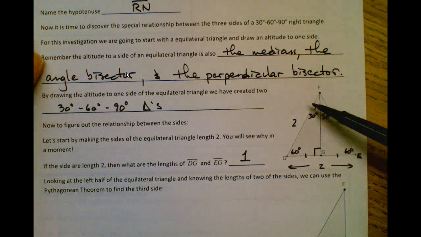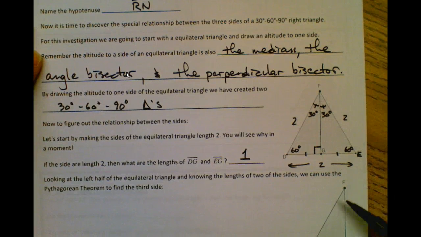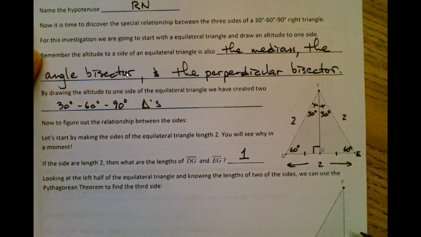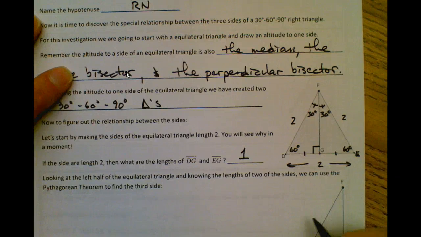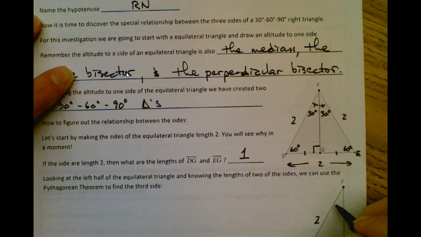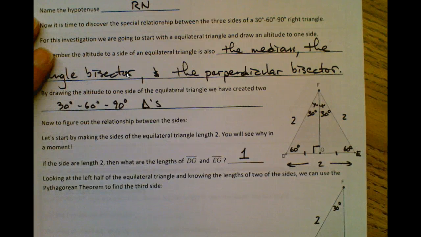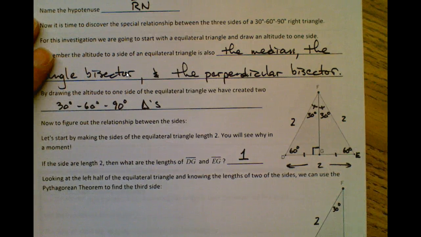So let's pull this apart and just look at the left half. So here's triangle DFG, and we already figured out that we started with the hypotenuse being 2. Here's my right angle, which means that this side over here would have to be 1. Here's my 60-degree angle, and here's my 30-degree angle. So I know two of the sides, I know it's a right triangle, so I'm going to use the Pythagorean theorem to try and find the length of FG.